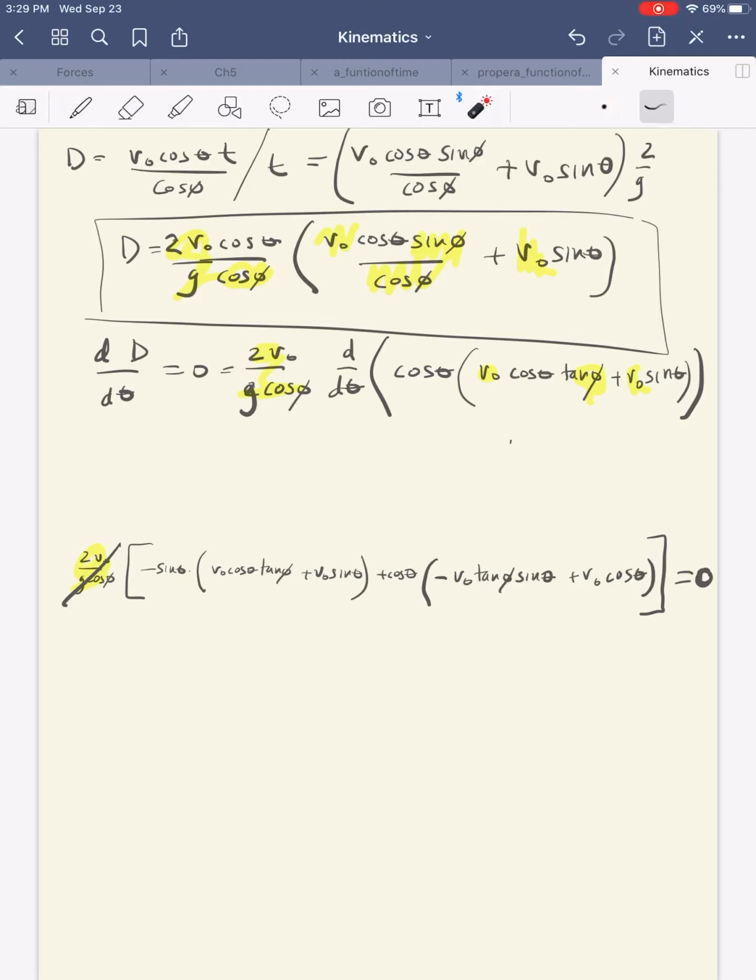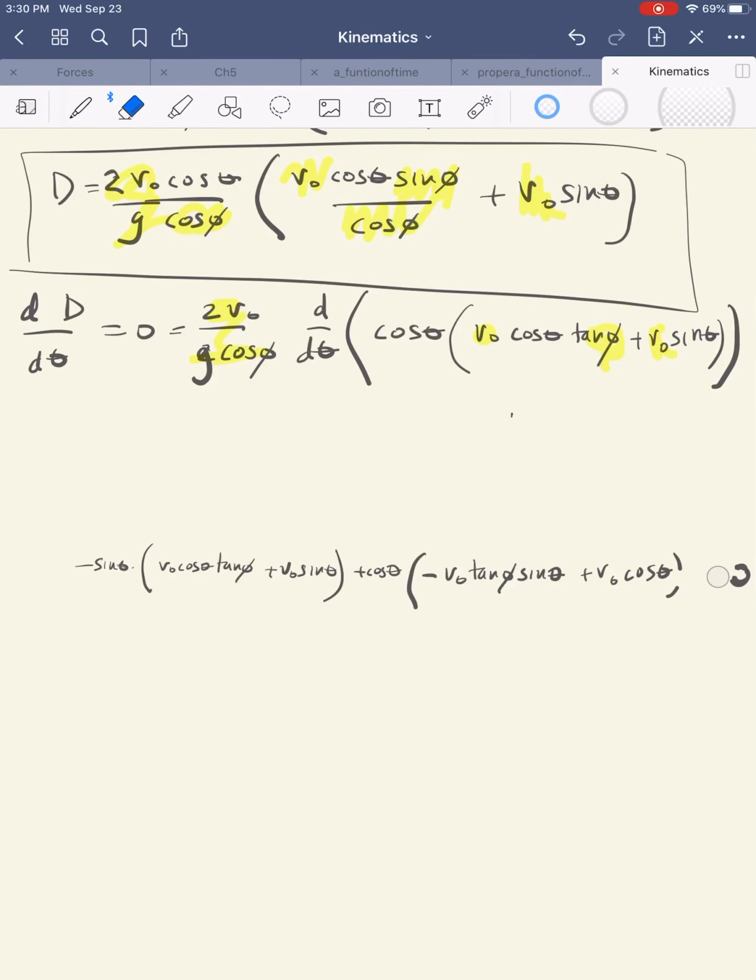And then I'm just going to lose these brackets because this is gone. And what I'm going to do is bring this whole term over to this side, making it positive. So what that's going to look like is it's going to make an equal sign here for me and get rid of that.